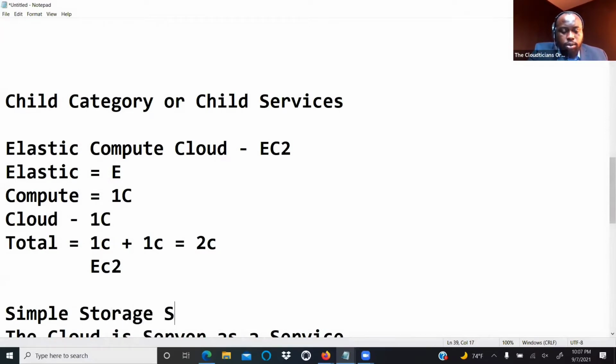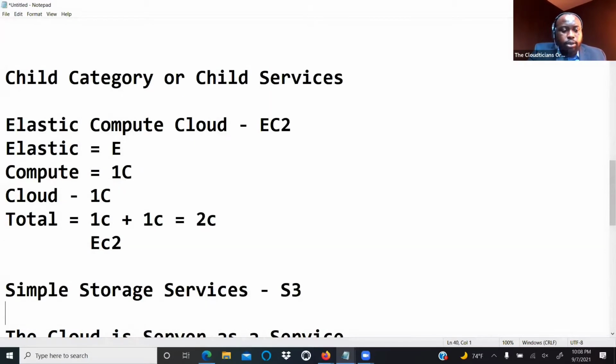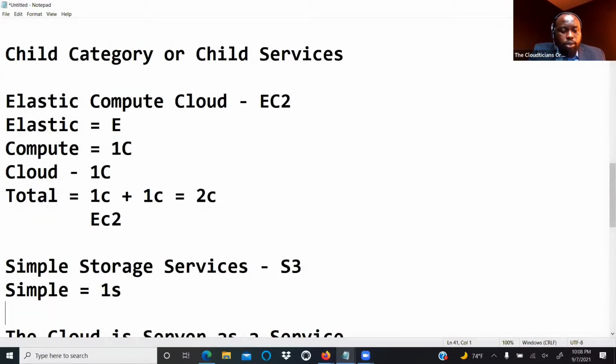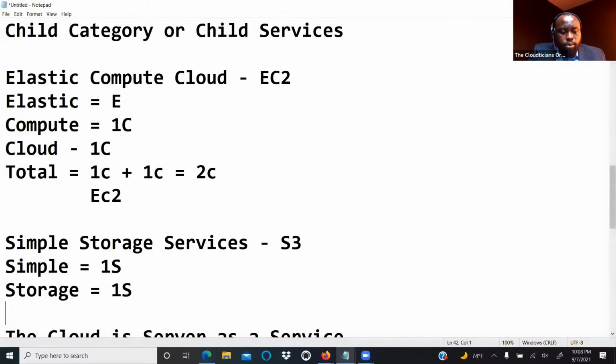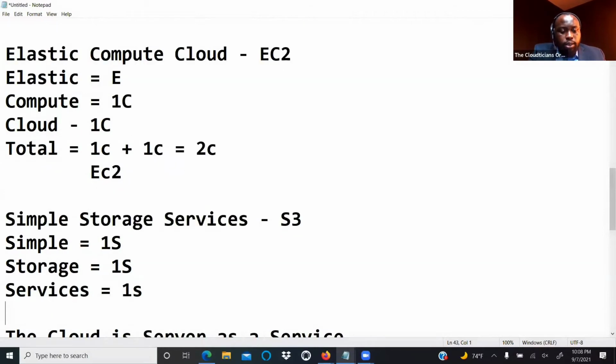Storage services. S3 means Simple Storage Service. That's 1S, Service equals 1S.